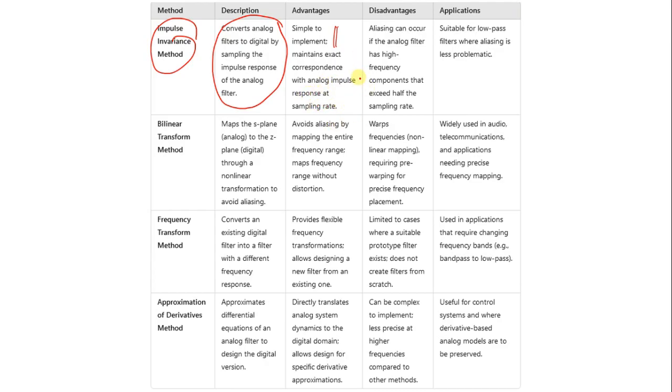Disadvantages: aliasing can occur if the analog filter has high frequency components that exceed half the sampling rate. Application: suitable for low pass filters where aliasing is less problematic. The bilinear transform method, frequency transform method, and the approximation of the derivatives we will be discussing as we go towards the next topic.